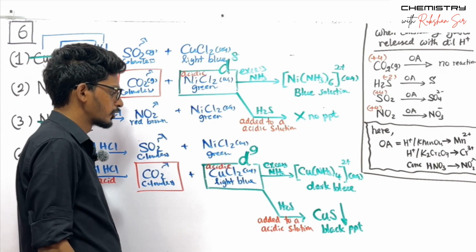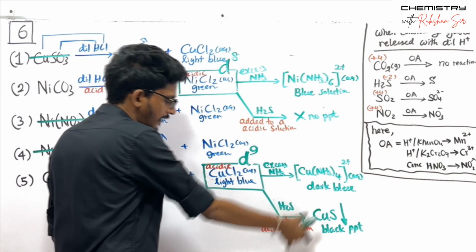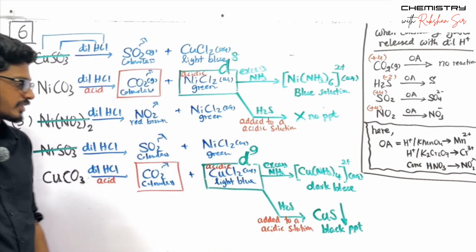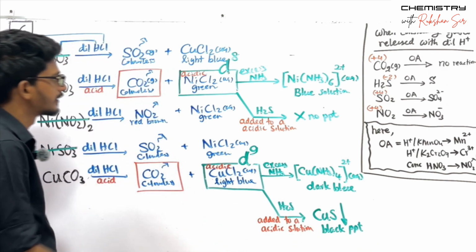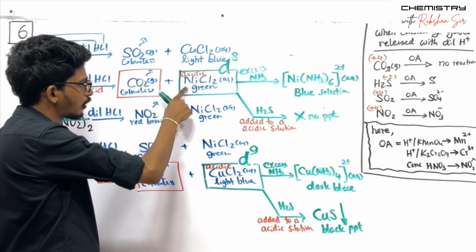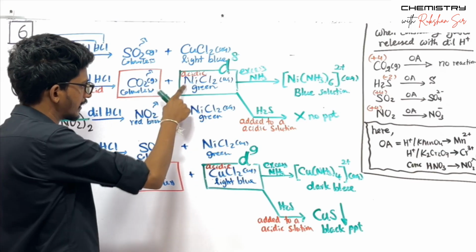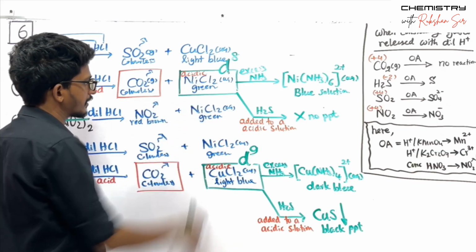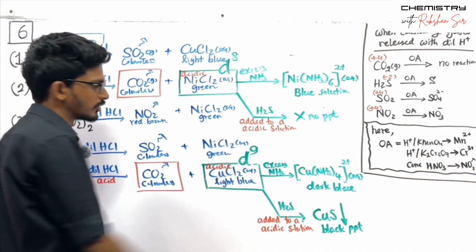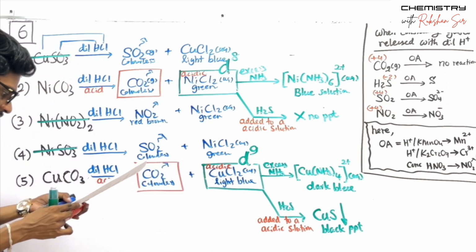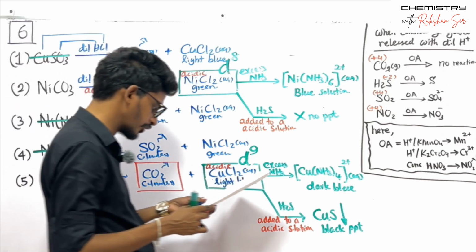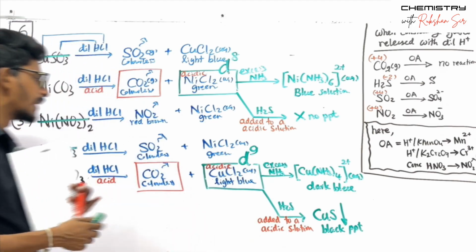So copper is a cation of group 2 analysis. So in acidic medium H2S, it will get precipitated. But nickel is a cation coming under group 4 analysis, right? So it won't get precipitated with acidic medium H2S. So what they are saying is, when H2S was bubbled to another portion of colored solution, a black PPT was observed.